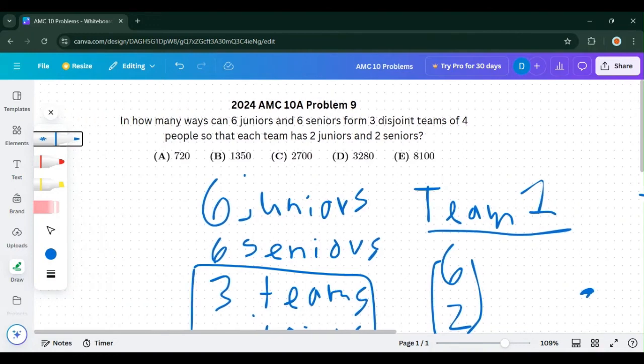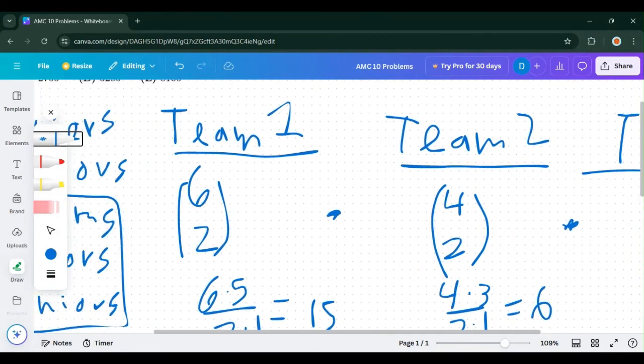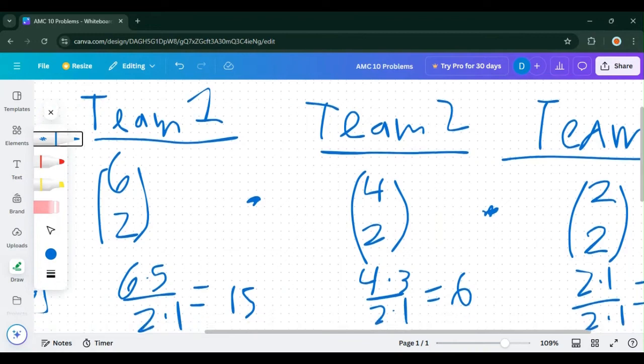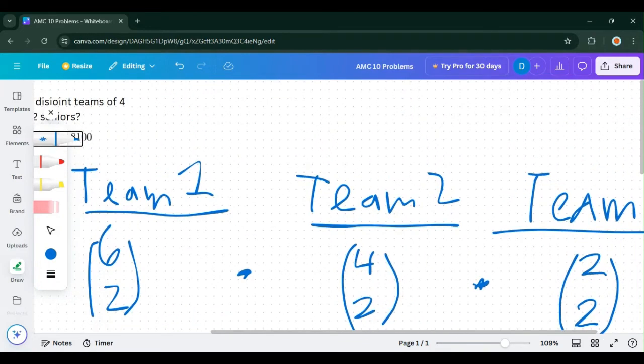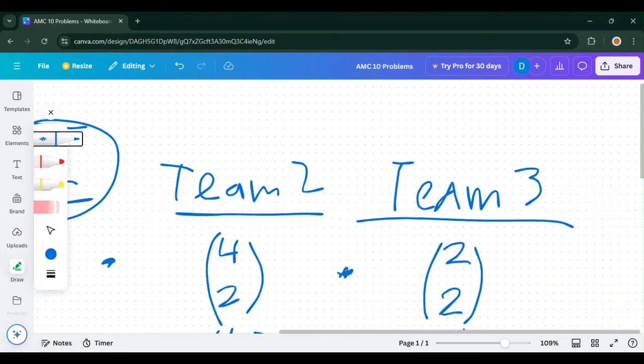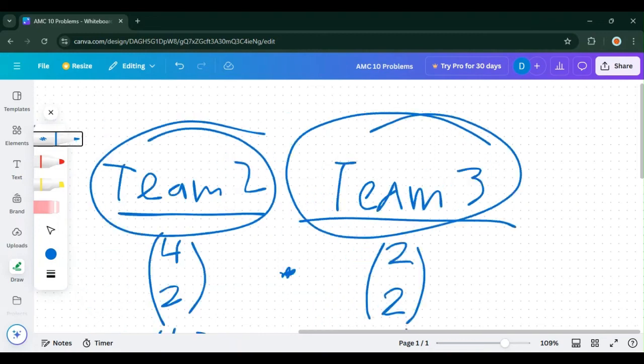We have to correct for overcounting, because once again, it doesn't matter which order we choose the teams. We corrected our overcounting for choosing the people, and now we have to correct our overcounting for choosing the teams. In this case, we chose the players on team 1 first, we chose the players on team 2 second, and we chose the players on team 3 third.